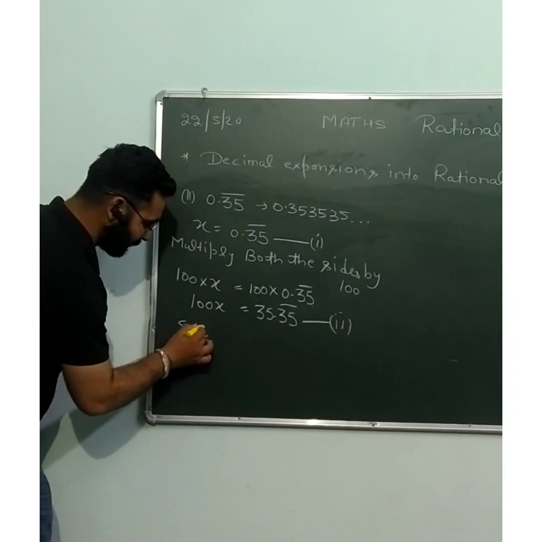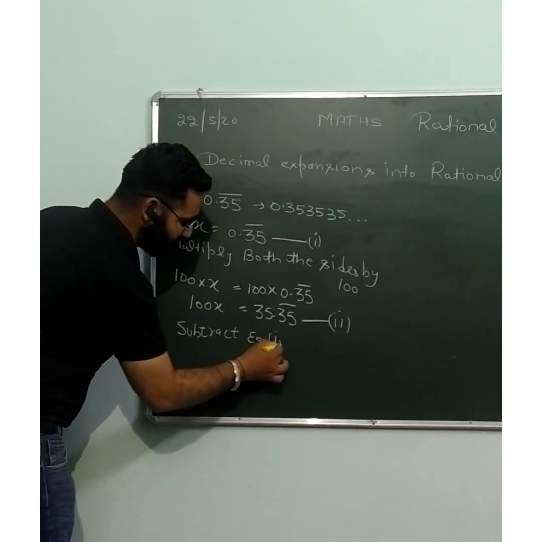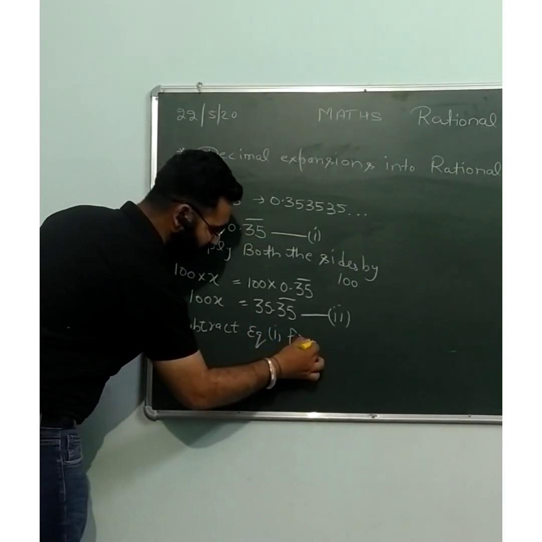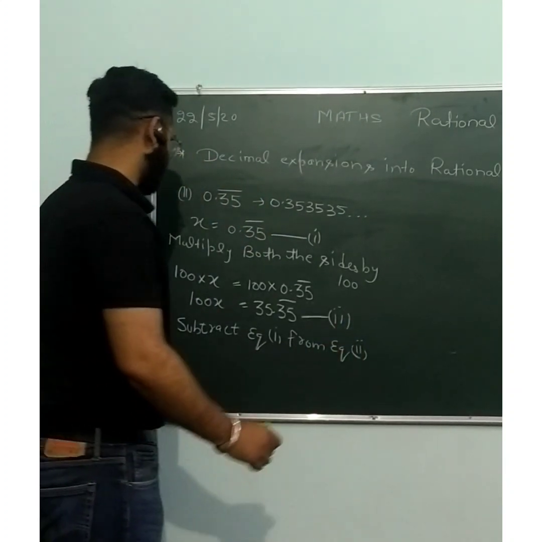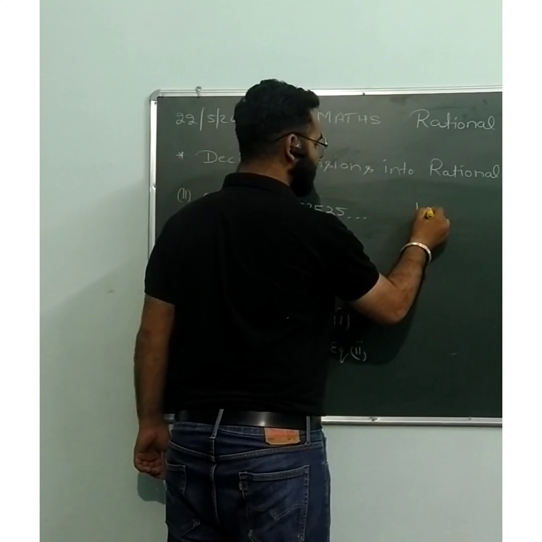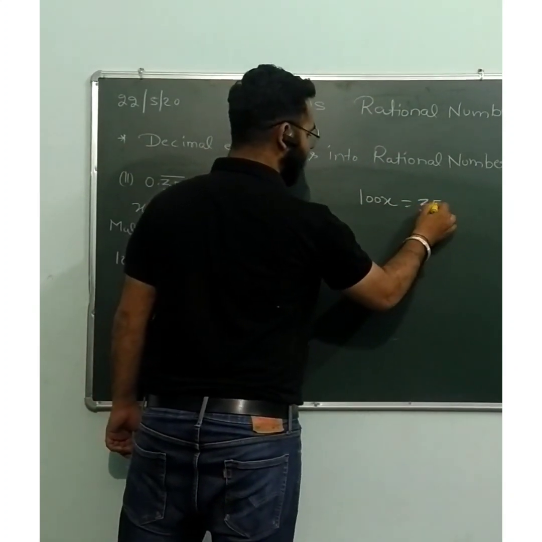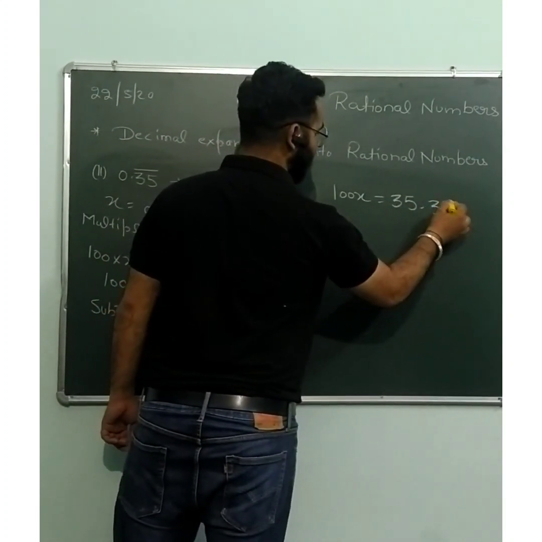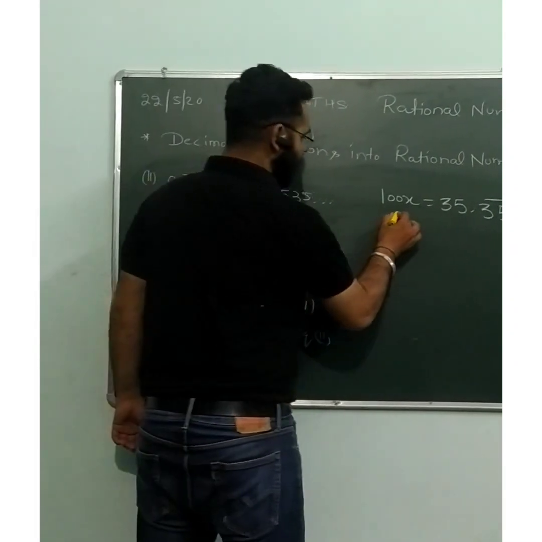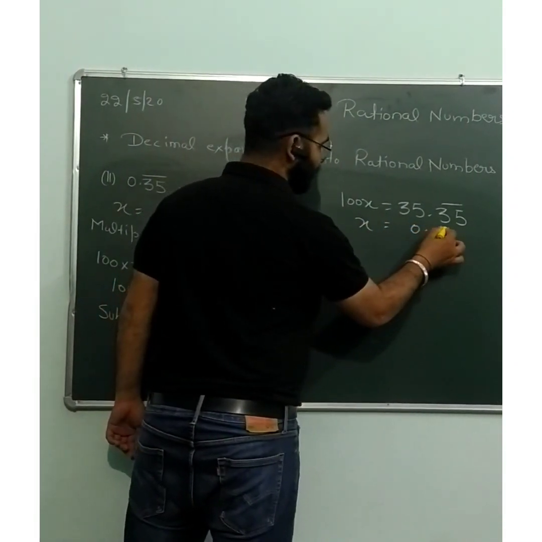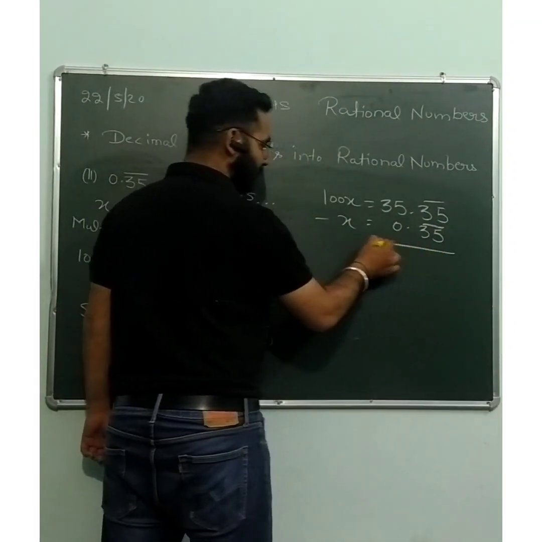Subtract equation 1 from equation 2. The second equation is 100x equals 35.35 bar, and your first equation is x equals 0.35 bar.